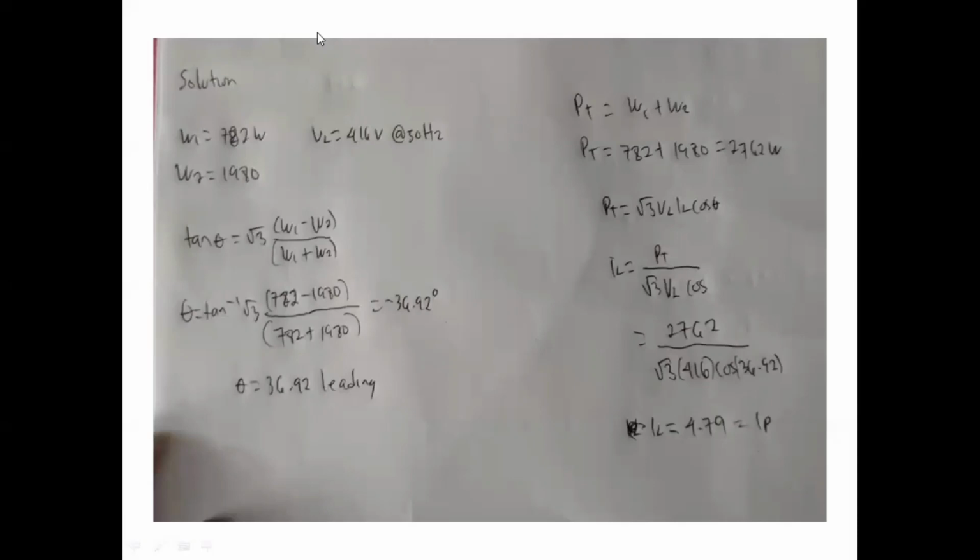Then to get the line current, it equals total power over square root of 3 times voltage line times cosine theta. The total power is 2,762 over square root of 3 times the line voltage of 416 volts times cosine 36.82. Then the line current is 4.76, equal to the phase current.